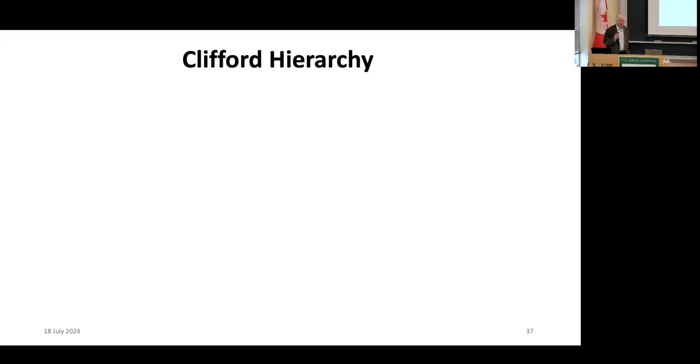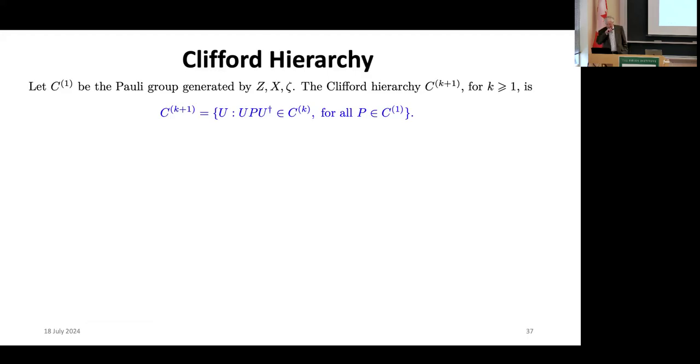So I'd like to end by just saying something about the so-called Clifford hierarchy. This is a concept in quantum computation, and it is a hierarchy of sets C_k. The lowest set, C1, is the Pauli group. That's the group generated by Z, X, and this constant zeta. Then the hierarchy is defined inductively for k greater than 1.